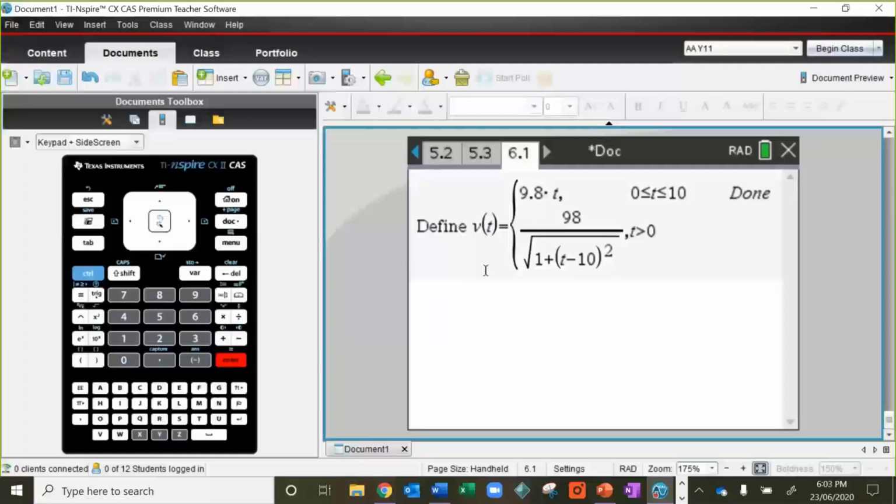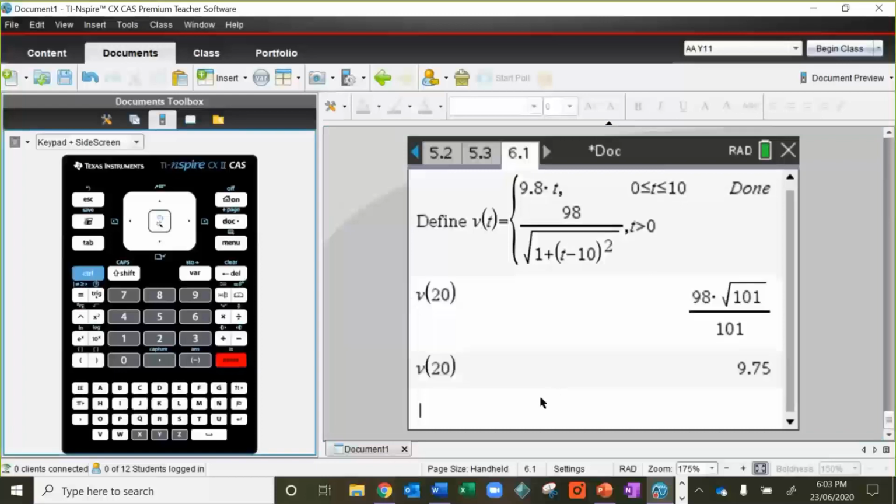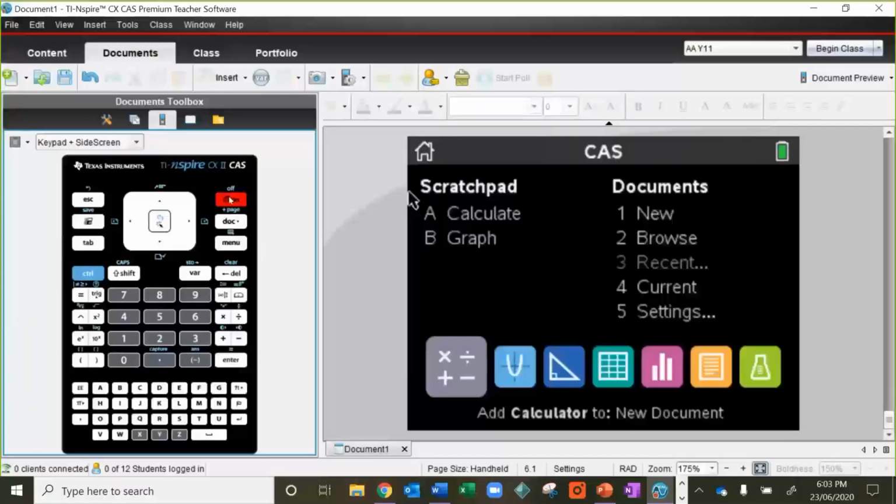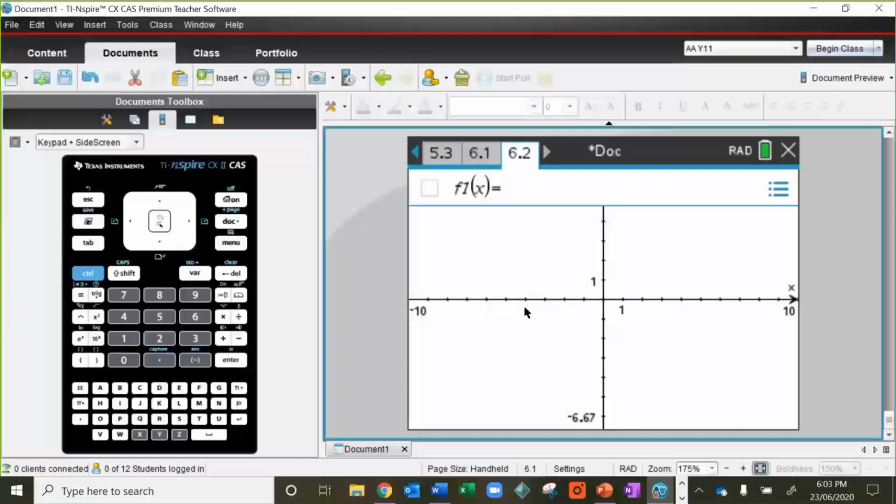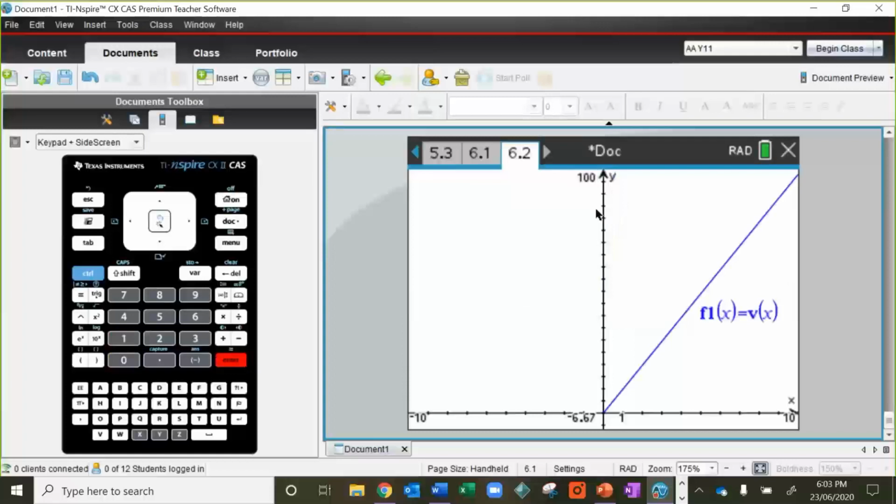Defining a function like that allows us to find a velocity at any point, and of course that's the exact value and that's the approximate value. And having this function defined, we can also sketch the velocity time graph, which we again need to change the window slightly.